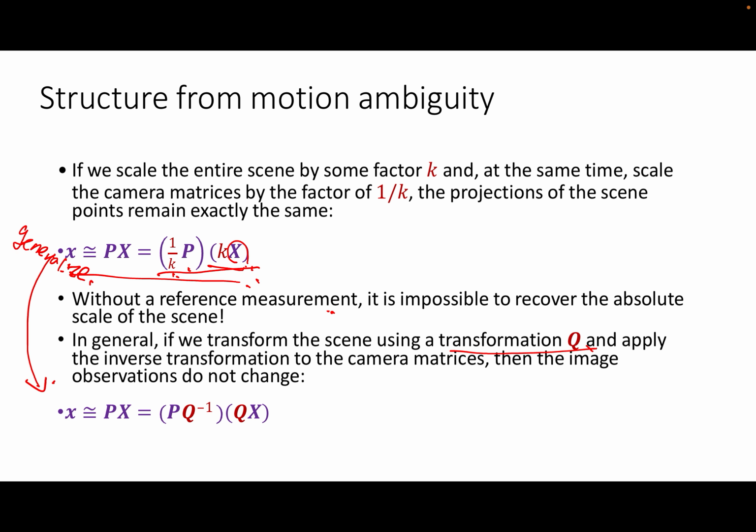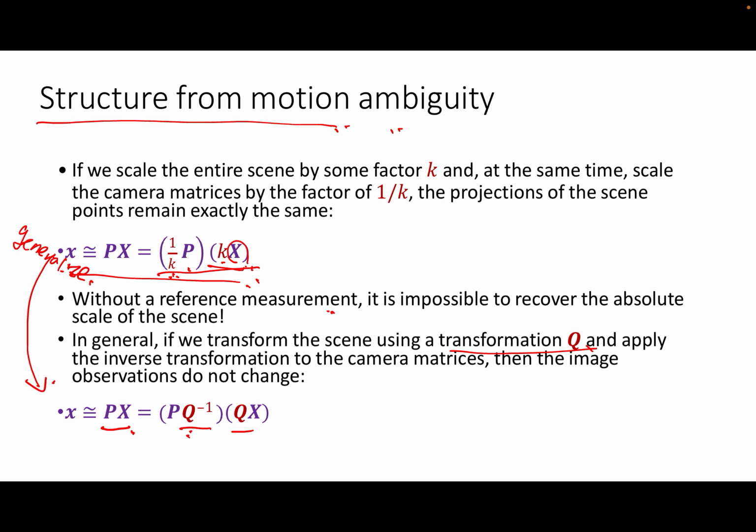If we transform the scene using a transformation matrix Q and apply the inverse transformation to the camera matrices, then the image observations do not change. The scale is just a special case, a specific example of this transformation matrix Q. We can apply any transformation matrix Q, but there is still ambiguity. So structure from motion inherently has ambiguity because we do not have enough information.